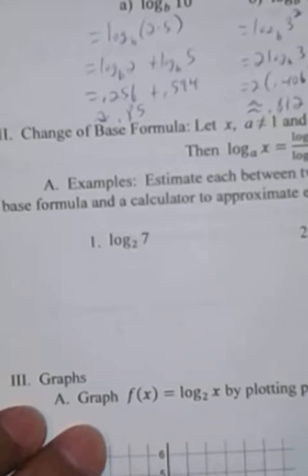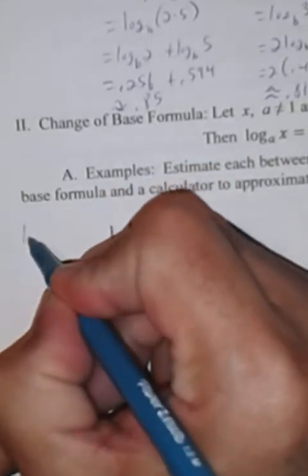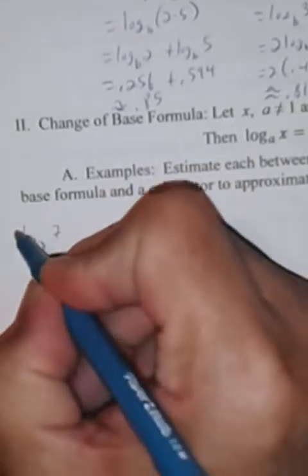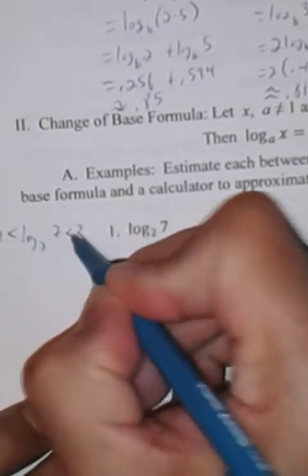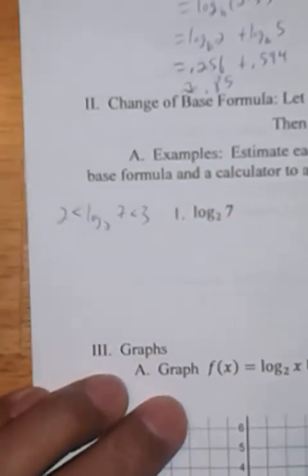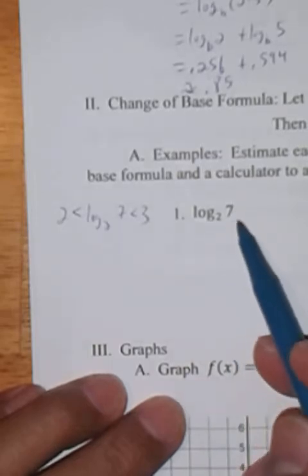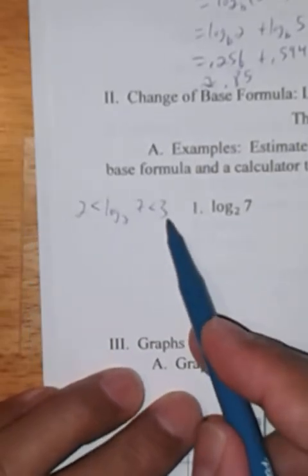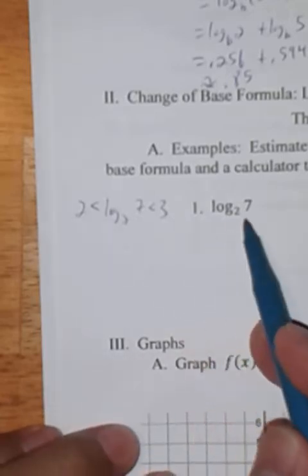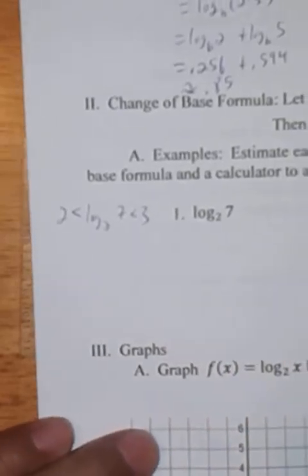Notice the exponents are 2 and 3. So log base 2 of 7 is greater than 2 and less than 3. That means somewhere between 2 and 3, right? How do I know that? Because log base 2 of 4 is 2 and log base 2 of 8 is 3. And log base 2 of 7 is between log base 2 of 4 and log base 2 of 8.